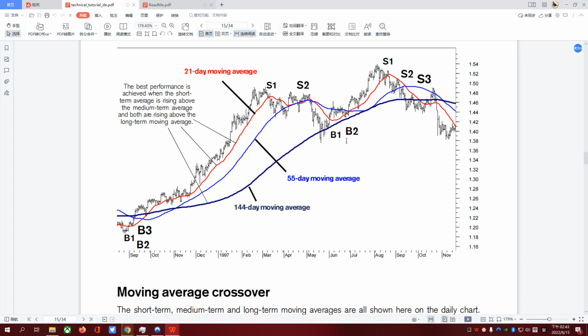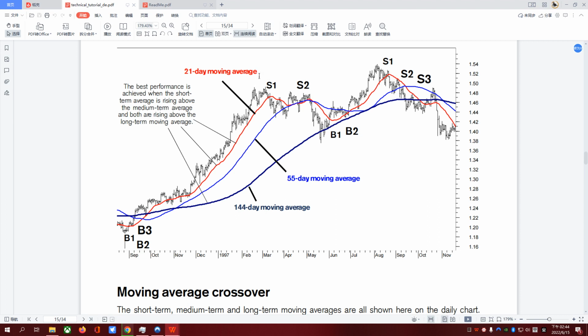And when you're seeing these bar charts crossing another 21-day moving average, as shown here, there comes another buy point, and here's S1, another sell point, where the 21-day moving average crosses the bar chart.